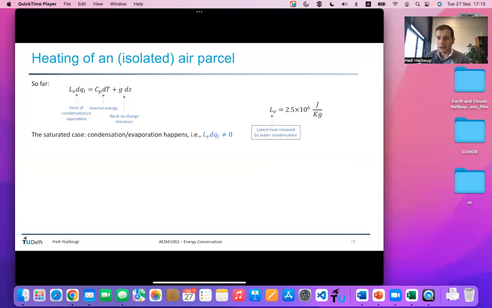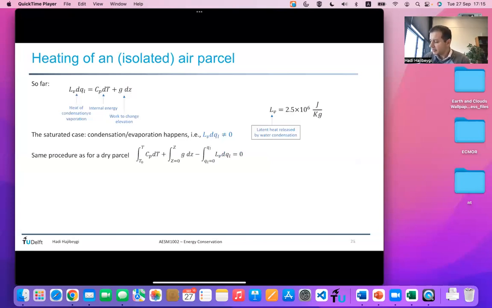We need to find out how much energy it would cost me or release when I evaporate or condense this amount of mass of water in my system. Multiplied by mass quantity, that would be the total heat released or gained through this condensation process.